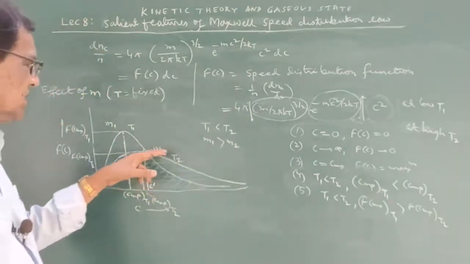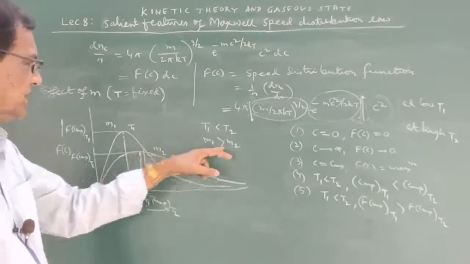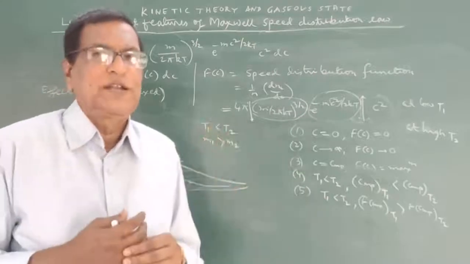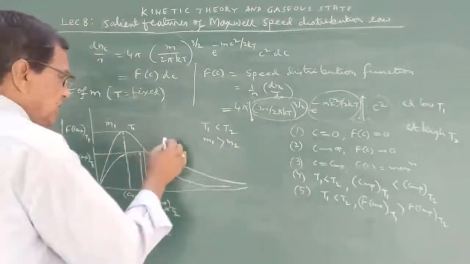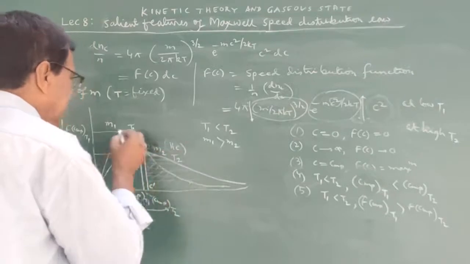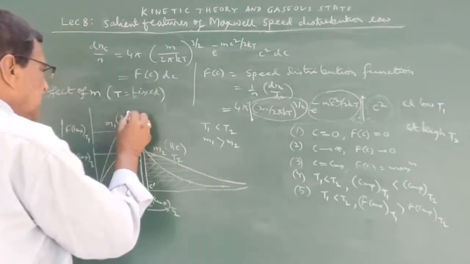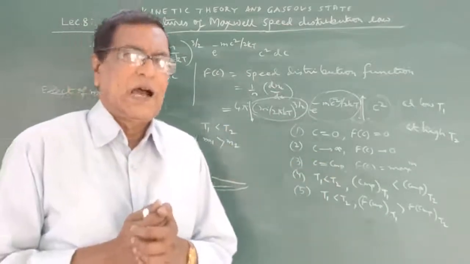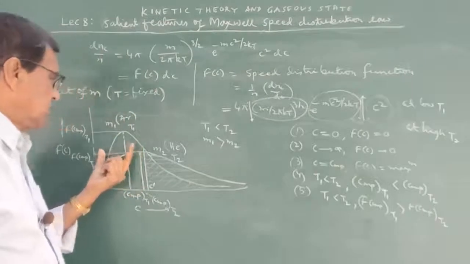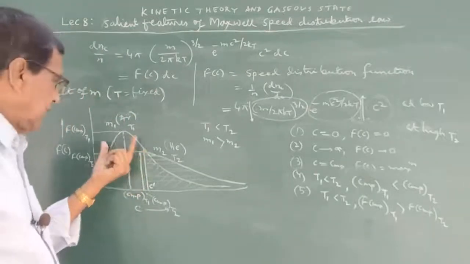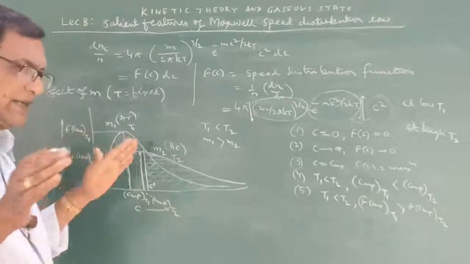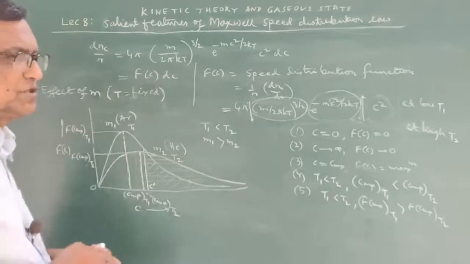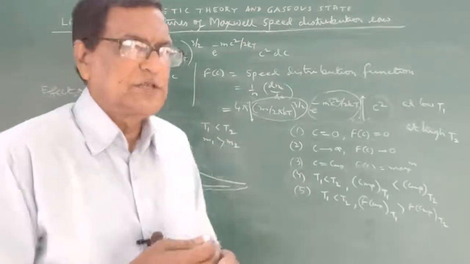In case of lighter gas, there will be a more uniform speed distribution than for heavier gas. So it is for, suppose, helium, and it is for, suppose, argon. The higher the molecular mass of the gas, the more narrow the curve will be, and lighter gas will have the broader curve, with more and more uniform distribution of speed.